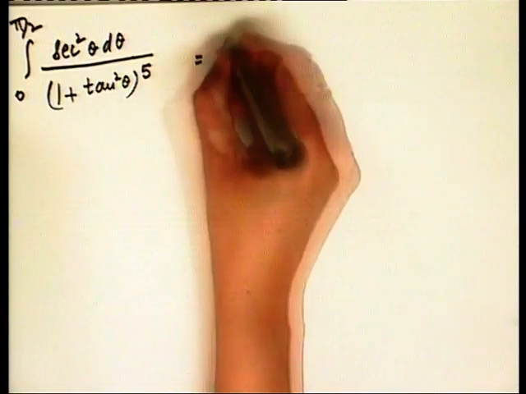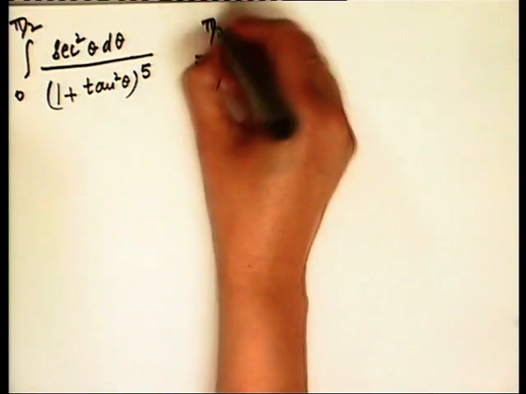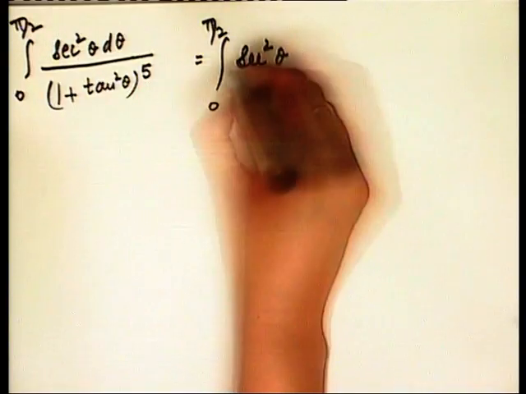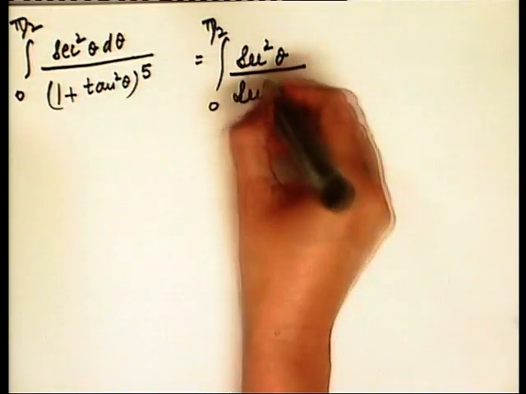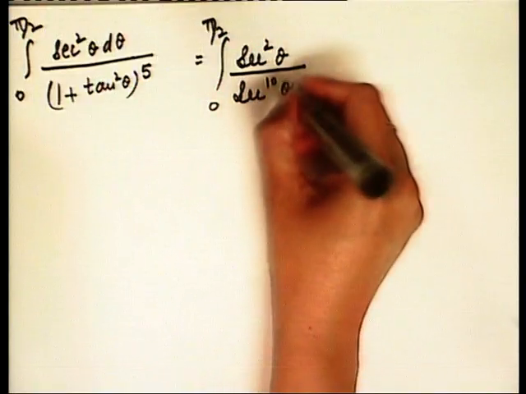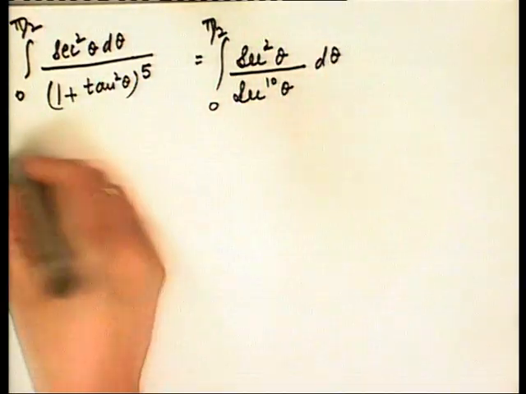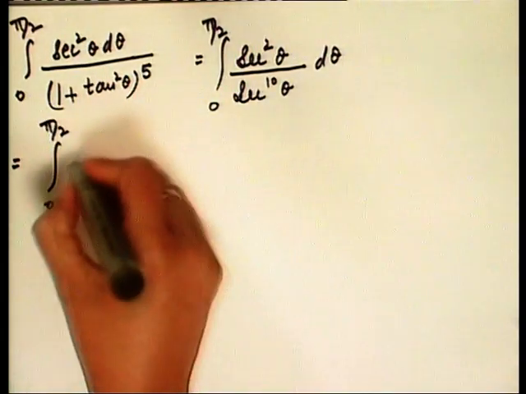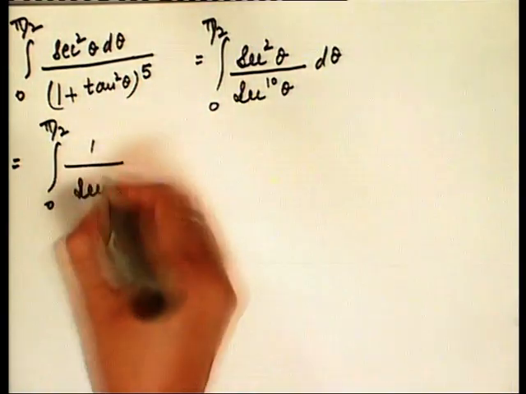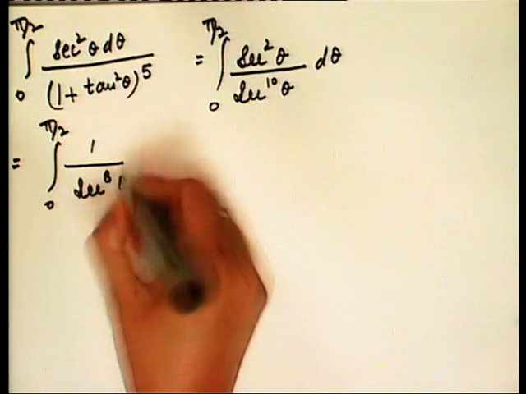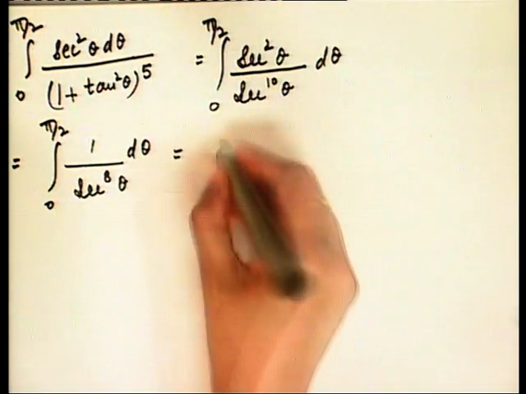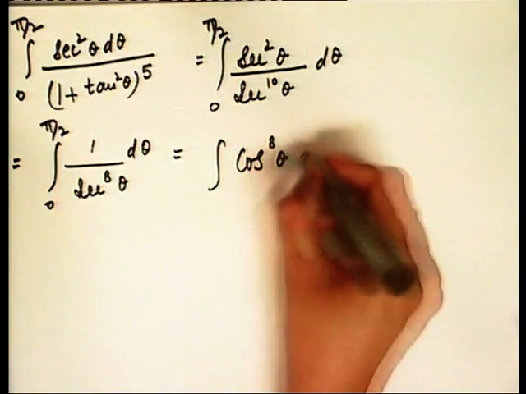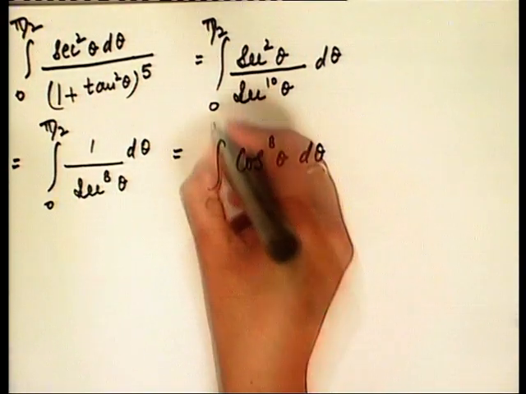We get secant square theta, and in the denominator secant raised to power 10 theta d theta. By solving we get 1 upon secant 8 theta d theta, meaning cos 8 theta d theta from 0 to pi by 2.